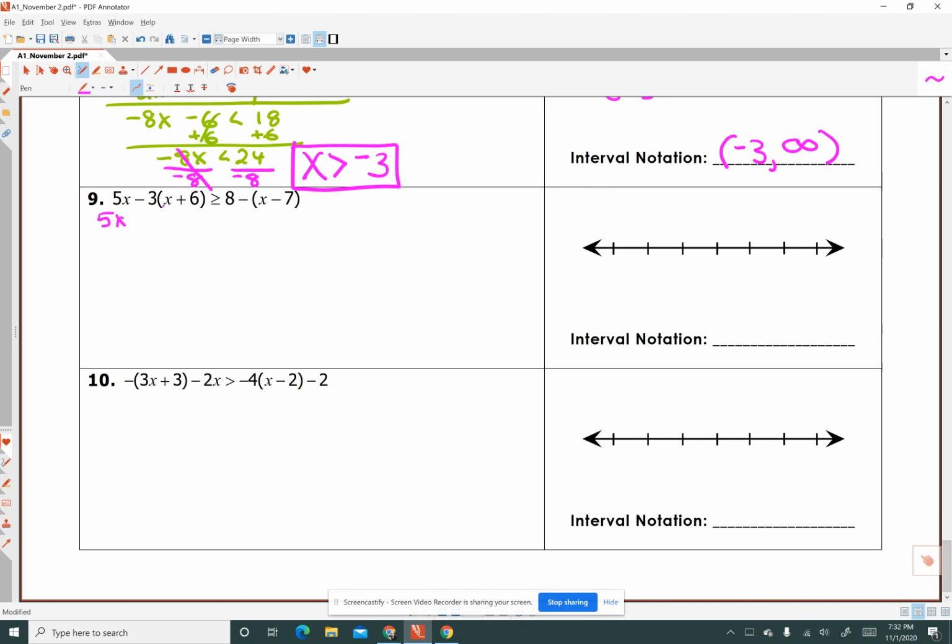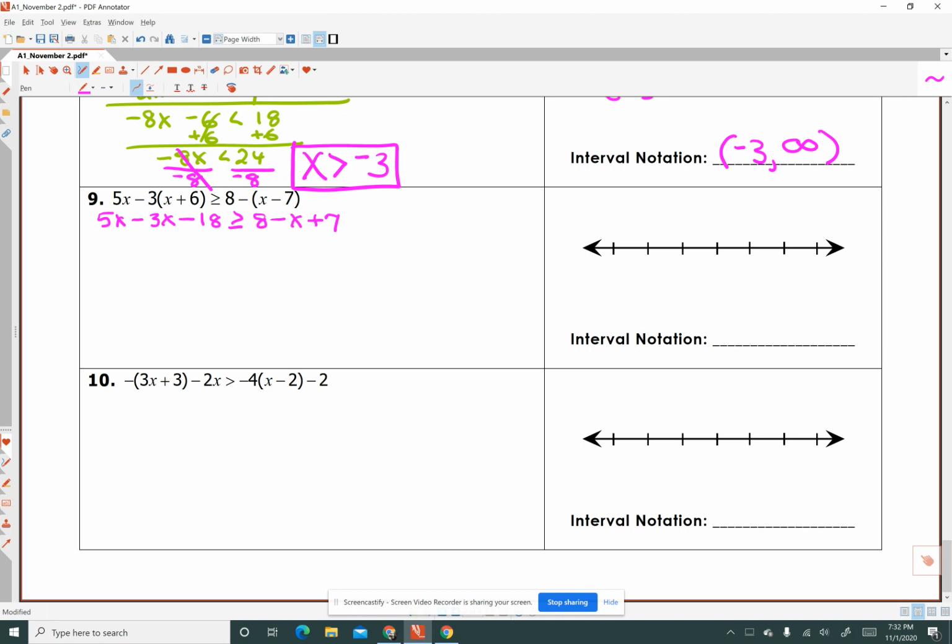5x, negative 3 times x minus 3x, negative 3 times 6 minus 18 is greater than or equal to 8 minus x plus 7.